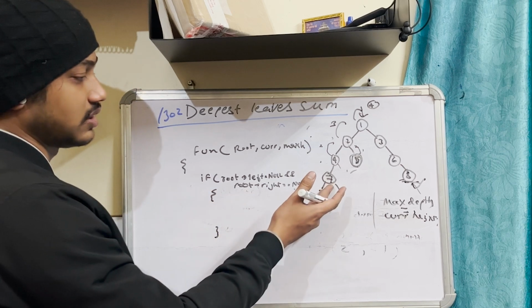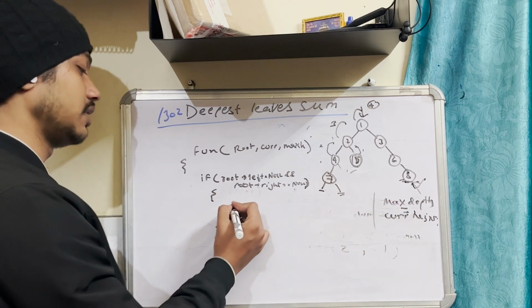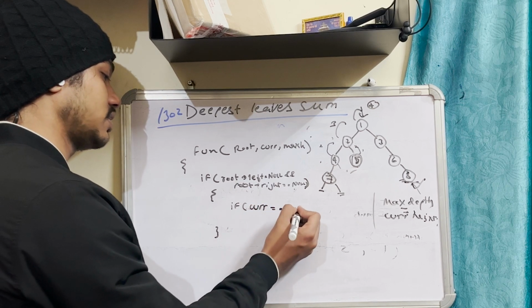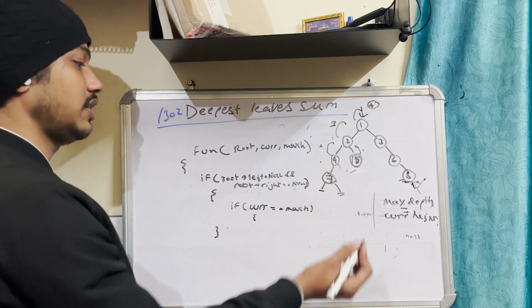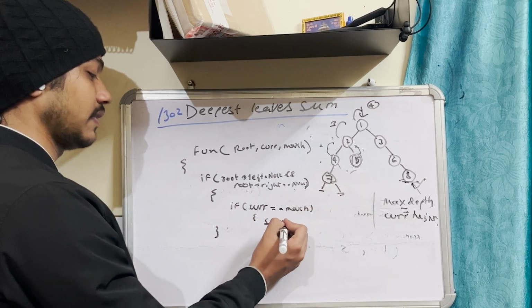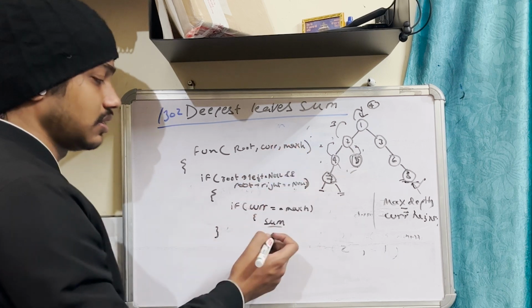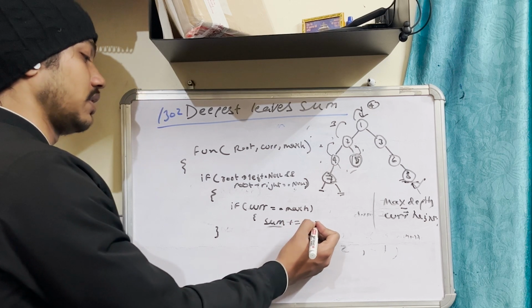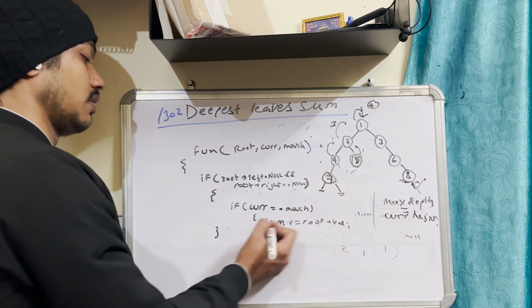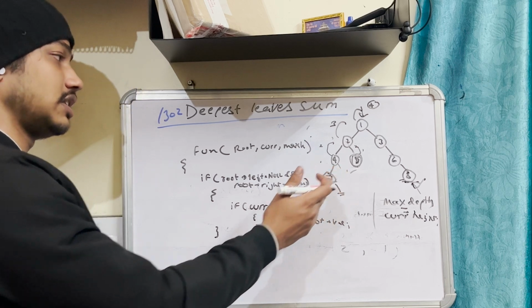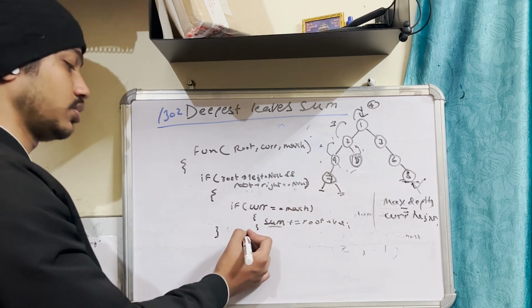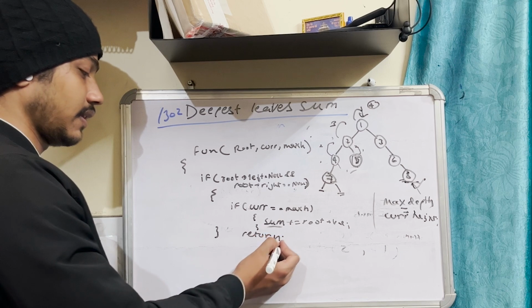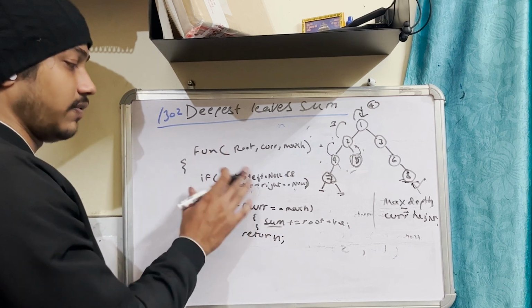To check for deepest, we'll compare the current height with the maximum height. If your current equals maxH, you will add the value of that node to your sum variable, which can be global, but I'd prefer you pass it here: sum plus equals root arrow val. If it wasn't the deepest leaf, you'll simply return, or even after adding the value you'll return. That is the base case.